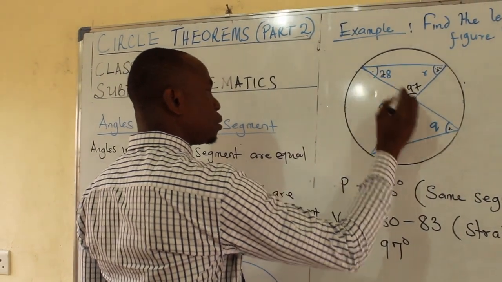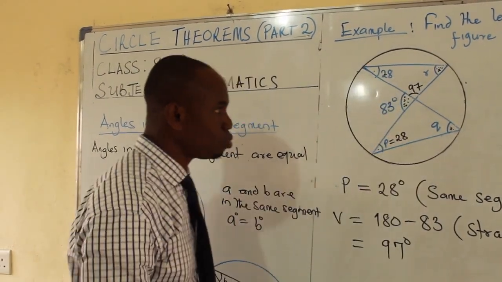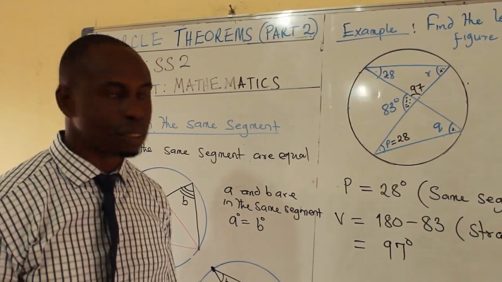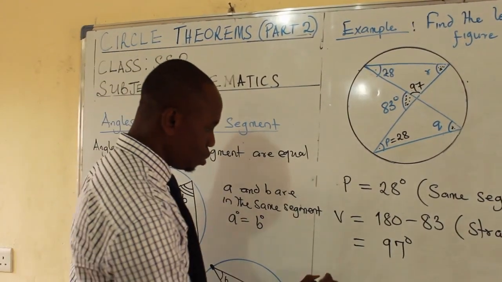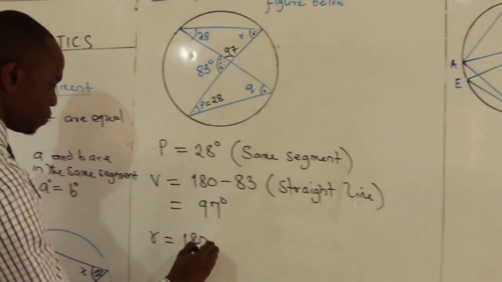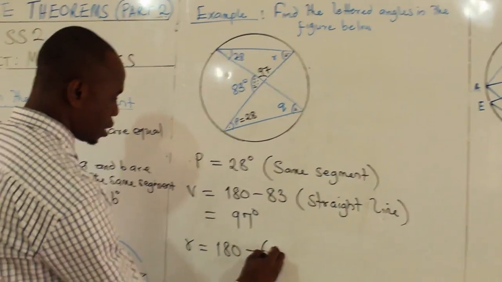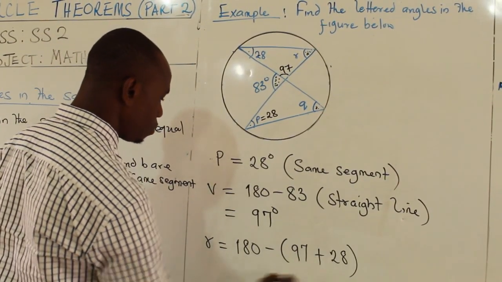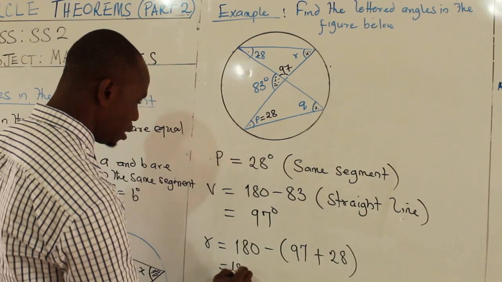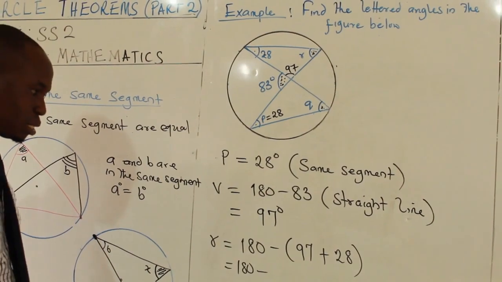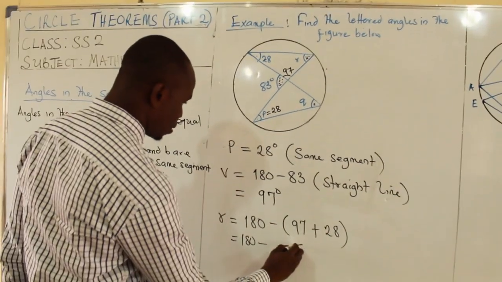So 28 plus 97 subtracted from 180 gives the value of R. So I write that R is 180 minus (97 plus 28).